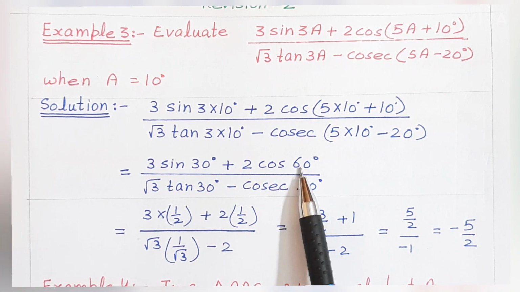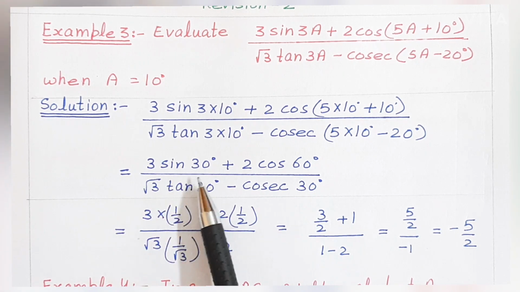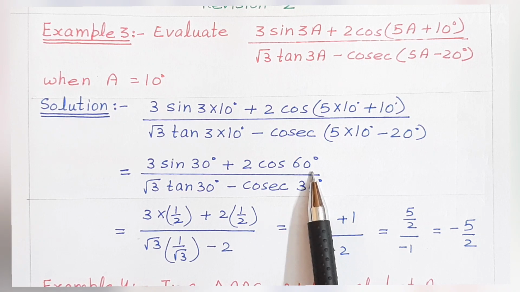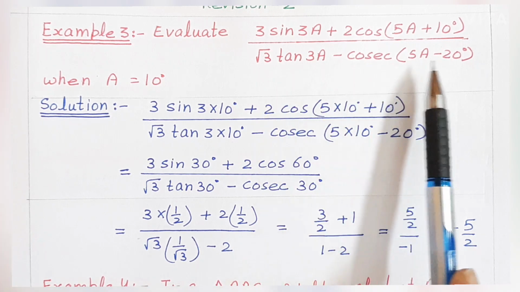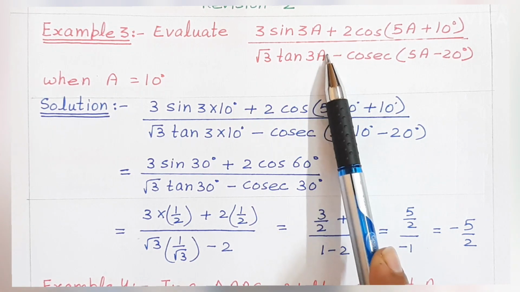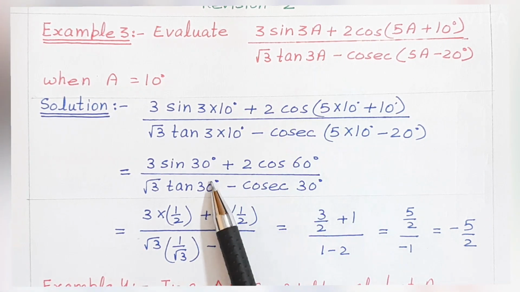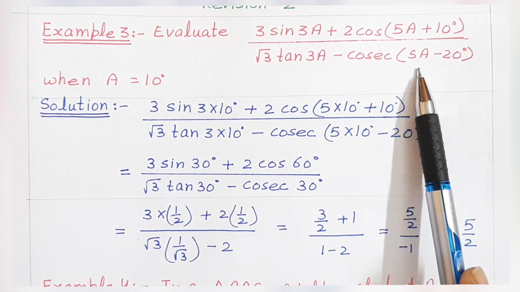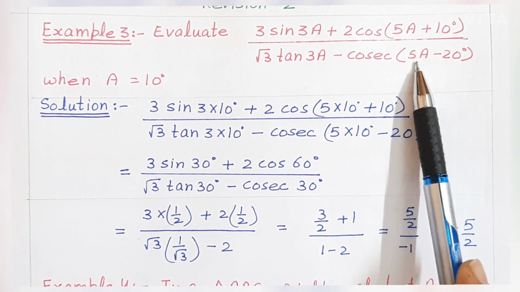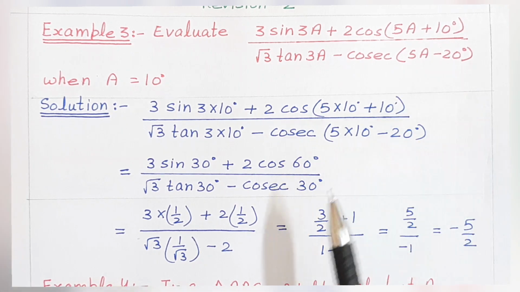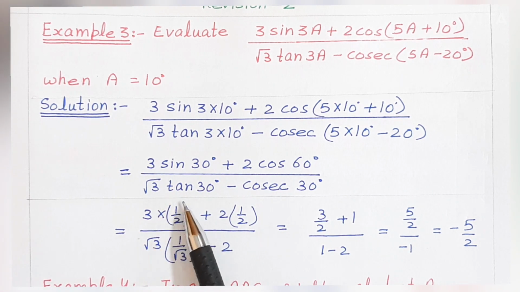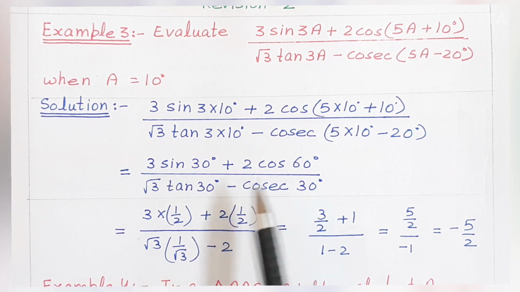So the numerator is 3 sine 30 degree plus 2 cos 60 degree. Clear? Now see in the denominator, root 3 tangent 3a. Now a is 10. So 3 into 10 is 30 degree. Similarly, 5a. Now 5 into 10 is 50. 50 minus 20 is 30 degree. So now let us substitute the values.